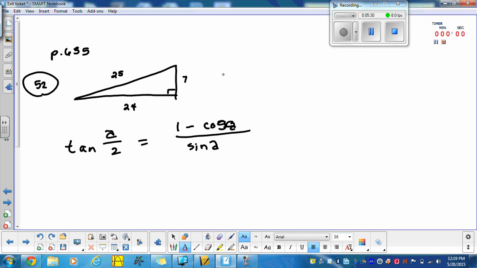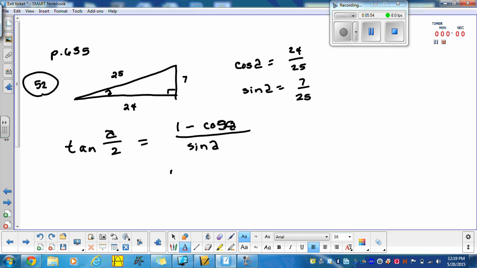So we need to come back over here and find the cosine of alpha, and that is, for the alpha angle, adjacent over hypotenuse, so that's 24/25, and also the sine of alpha, and you know from the triangle that that's 7/25.